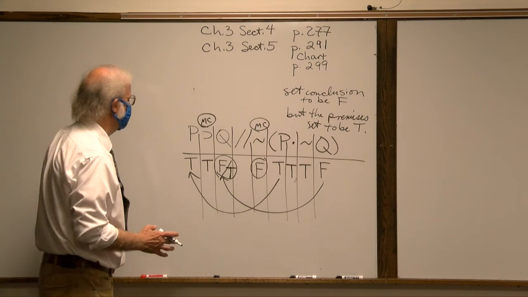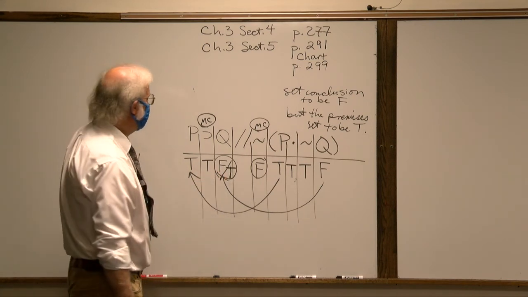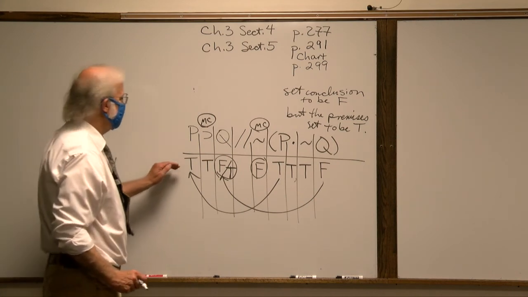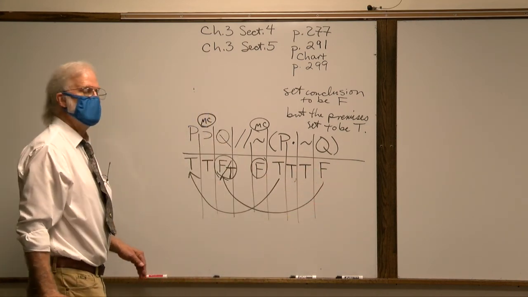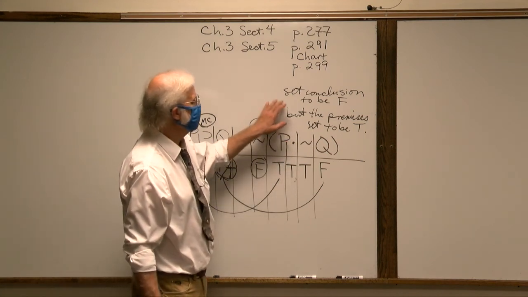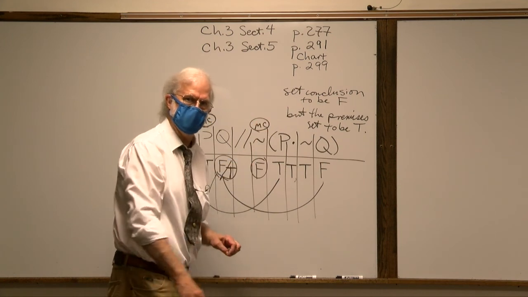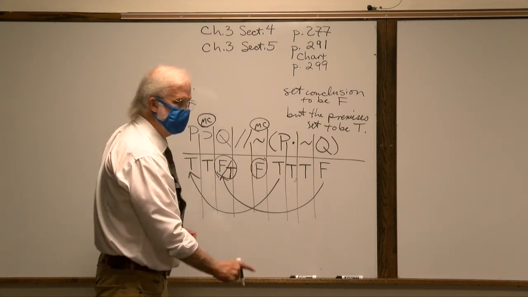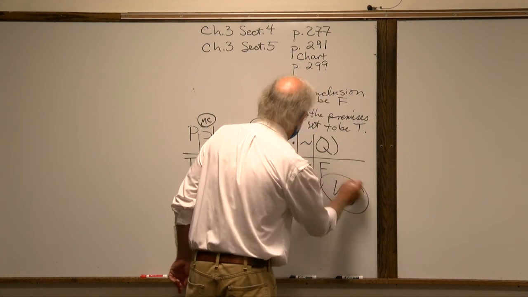It doesn't matter which order. But there's a contradiction. What that means is I cannot consistently assign truth values, making all of the premises true but the conclusion false. I cannot show that it's invalid, so I've indirectly shown that the argument is valid.